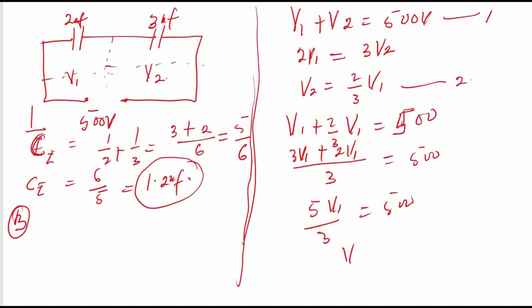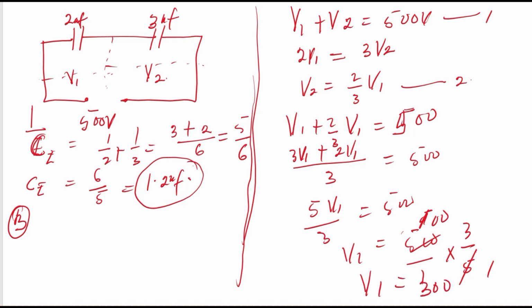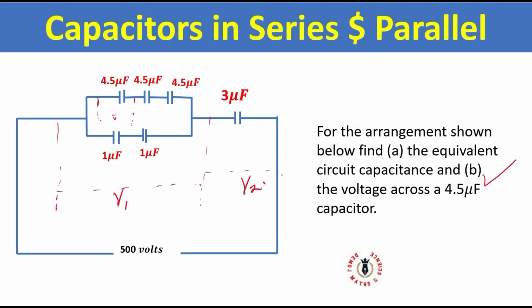So V1 effectively is equal to 500 over 1 times 3 over 5. 5 here is 1, 5 in 500 is 100. So V1 is equal to 300. V1 is 300 volts. That is the voltage across the parallel side.